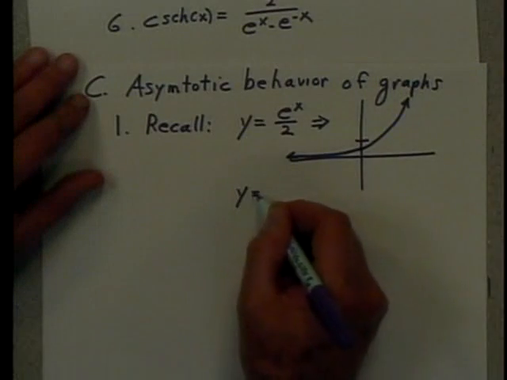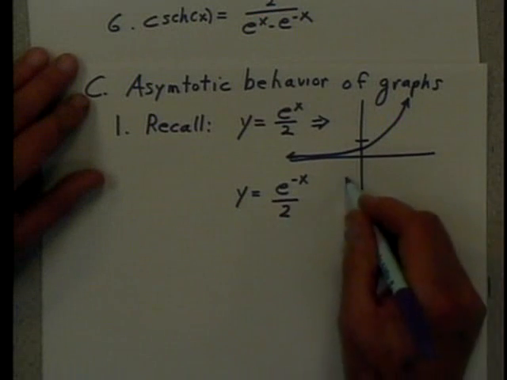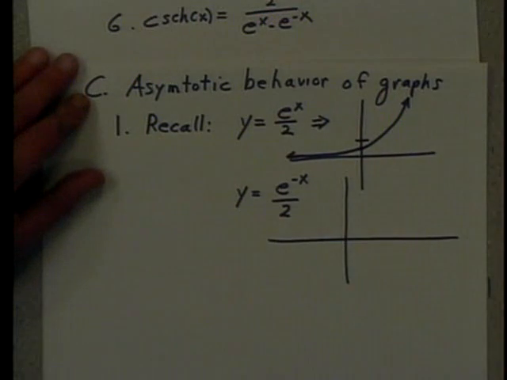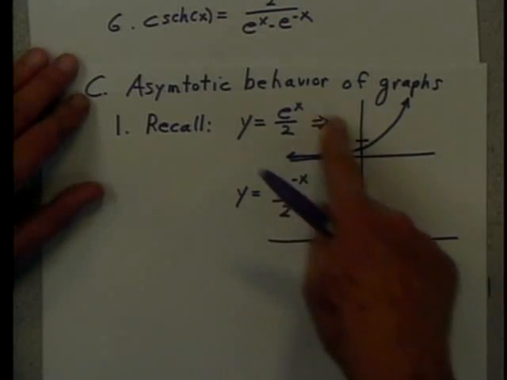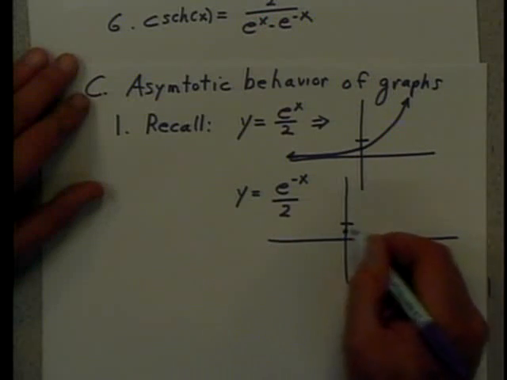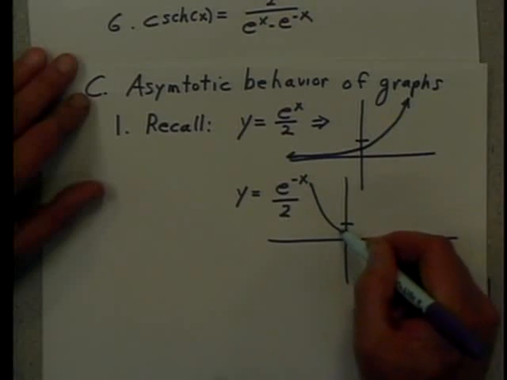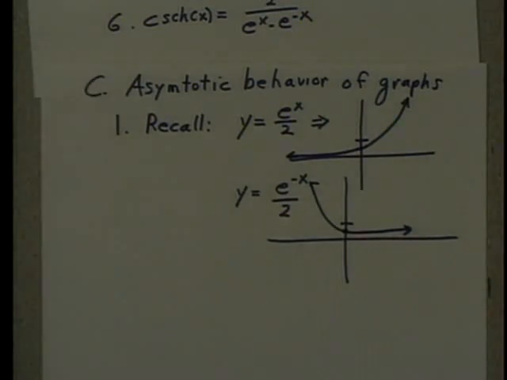Well, what about y equals e to the minus x, the other component of cosh and sinh? Well, you know what e to the minus x did earlier, didn't you? Kind of decreased instead of increased. So again, it'll go through that point 0, 1/2, but it'll come down like that and approach the x-axis as an asymptote. Okay.